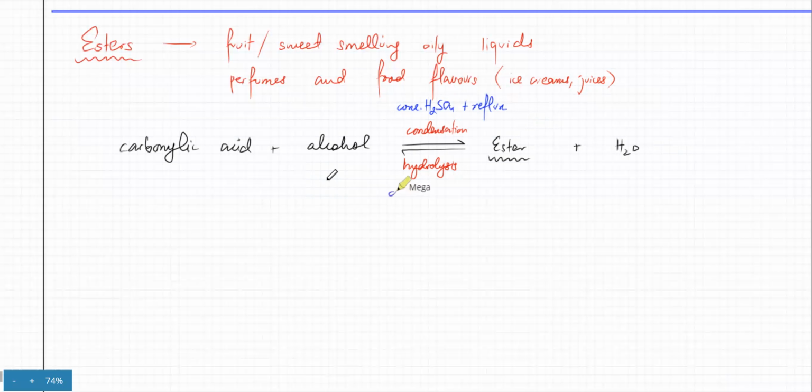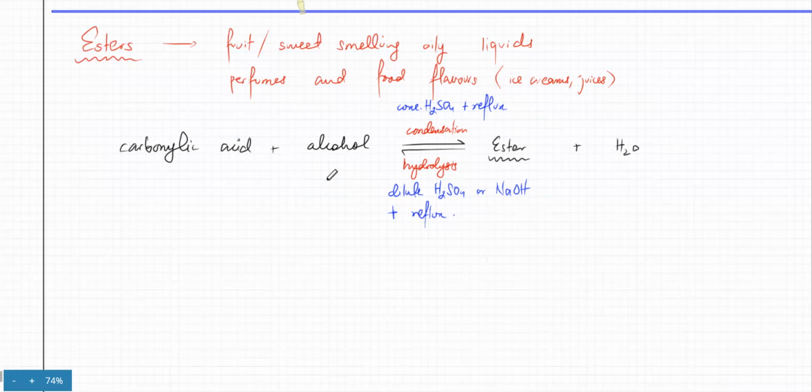For breaking it, you need dilute H2SO4 or NaOH, plus there should be reflux. Anyway, this is the overall reaction. A carboxylic acid reacts with an alcohol to produce an ester and a water molecule.